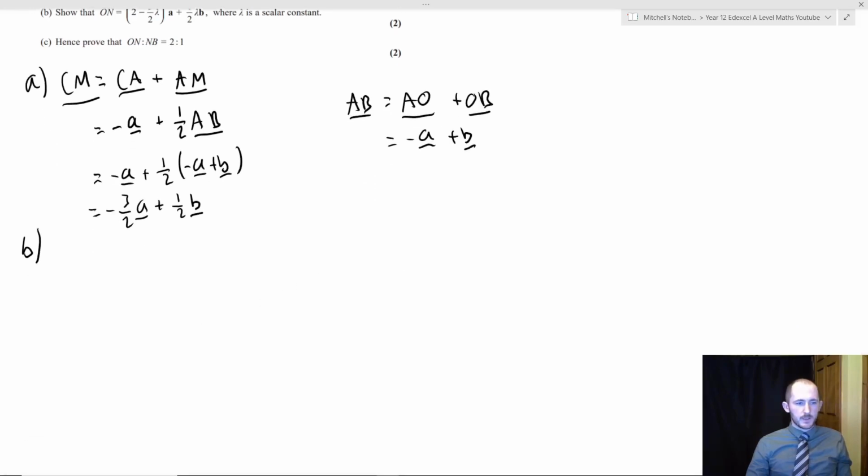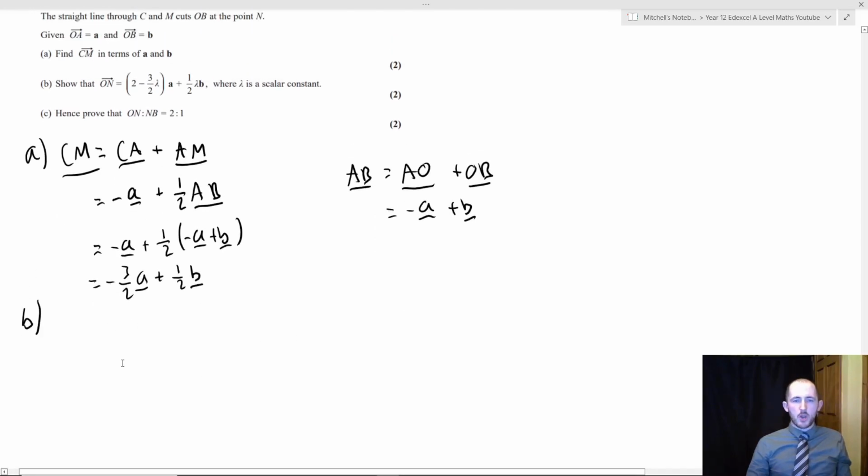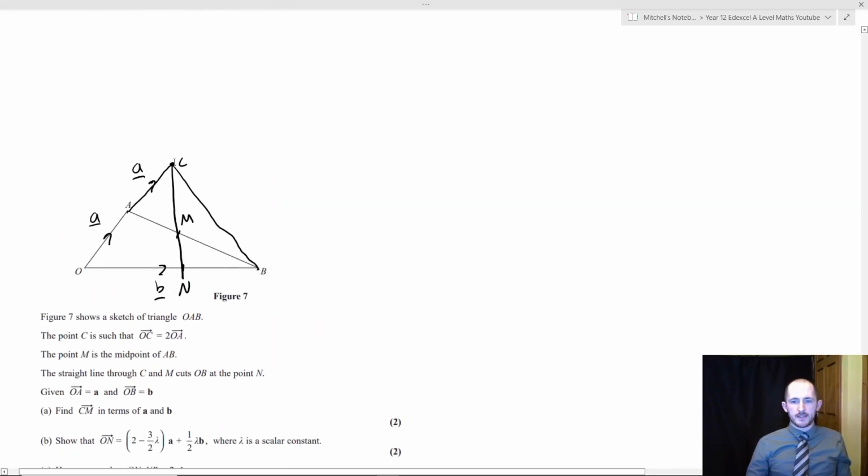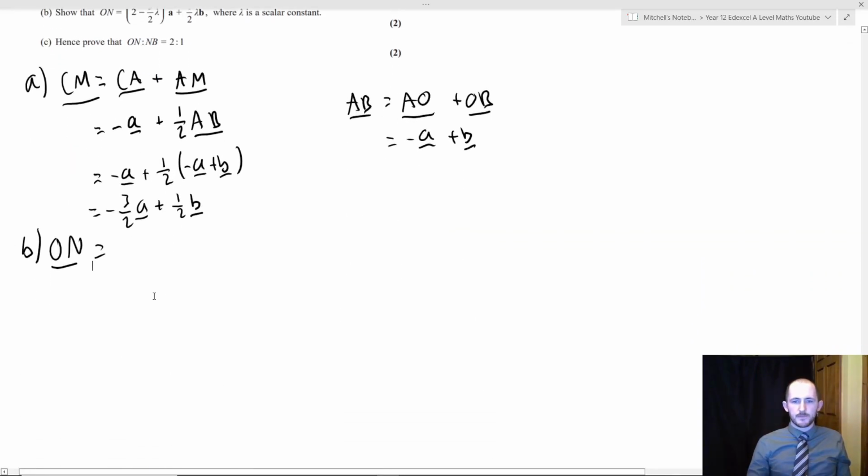So if we want to work out what ON is, that is the same as going from O to C and then C to N, right? Because we need a few different ways to get there to make this work. So in other words, we can make that OC plus lambda CM.